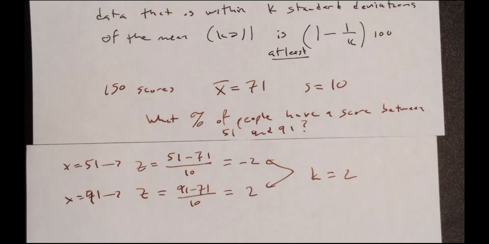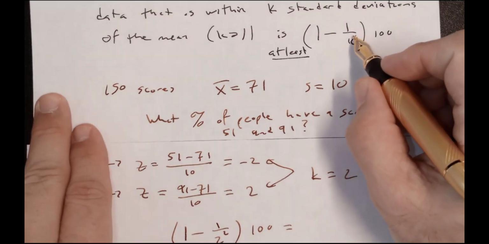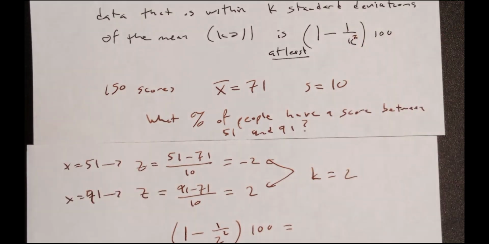Well, according to Chebyshev, the percentage should be at least this number. 1 minus 1 over, I wrote k. I forgot that's k squared. Doesn't help if I write the formula down wrong. People, fix that. We need that square. Please put that square in there. Sorry about that.